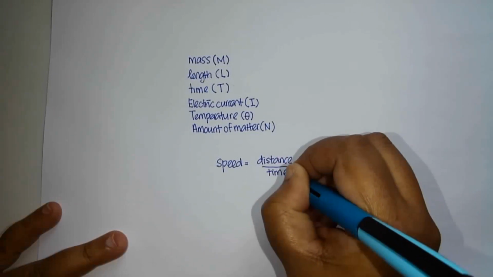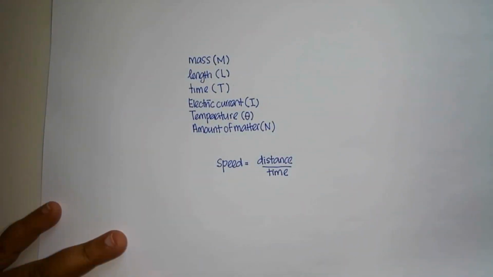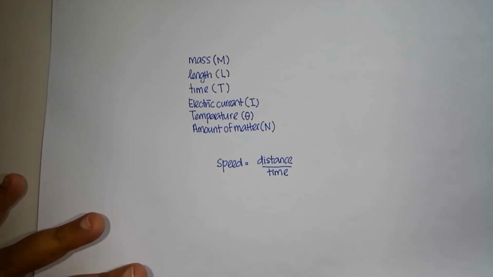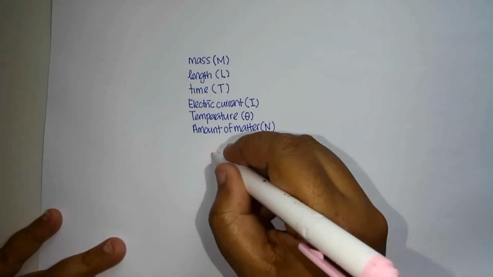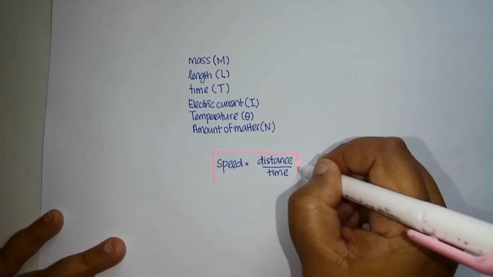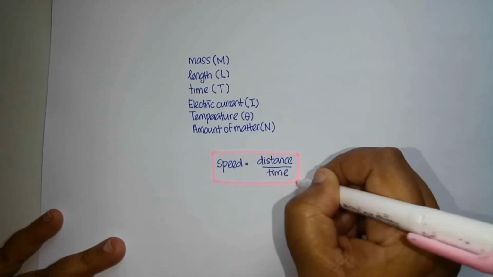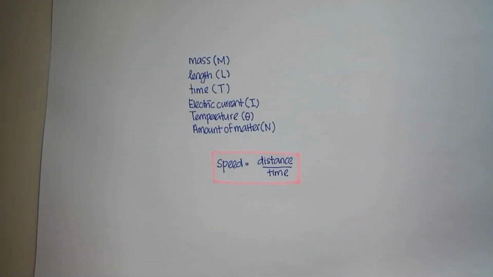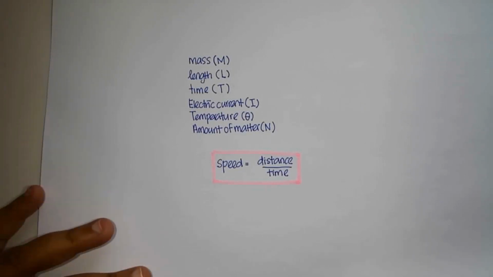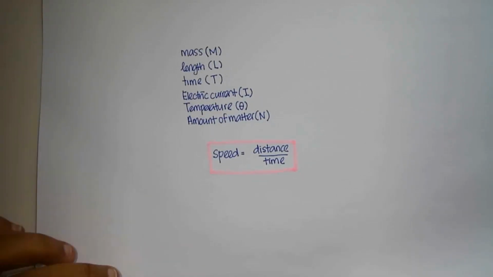Now this is called a formula. Most of the time, the formula taken for derivation of dimension is by looking at the definition of the quantity. So here speed is distance over time.